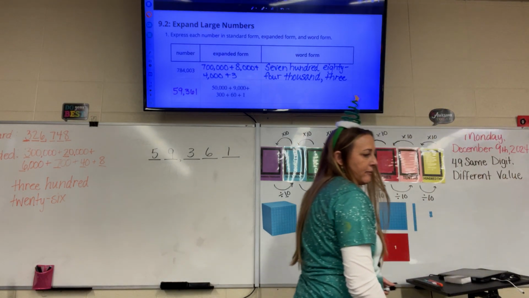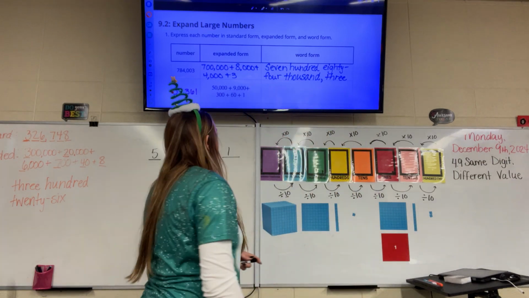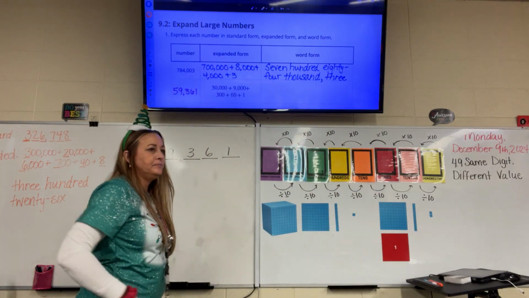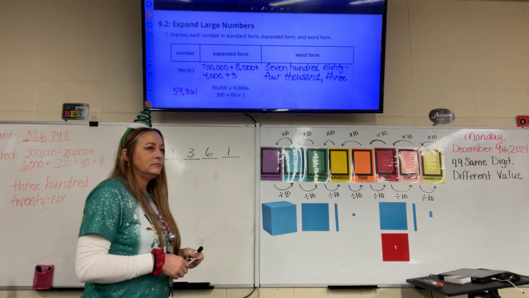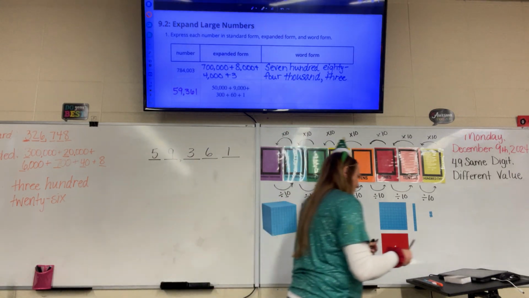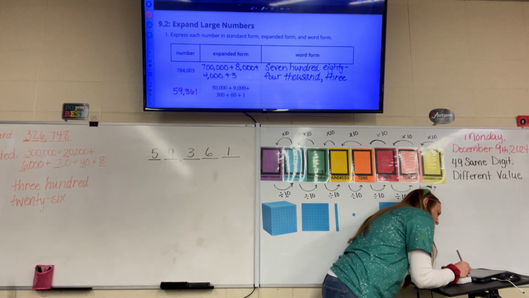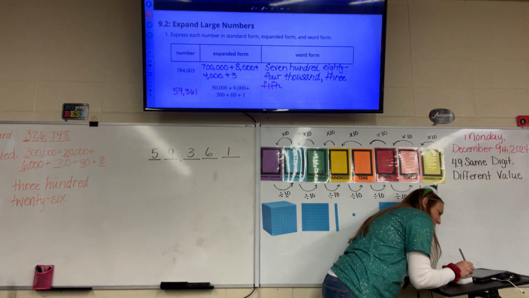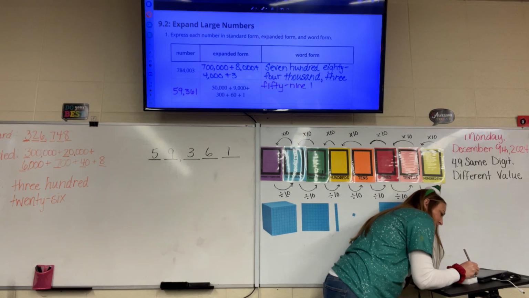So now, you're getting behind already. Okay, Haziel, how do you say this number? 59,361. That's right, very good. So 59,000.